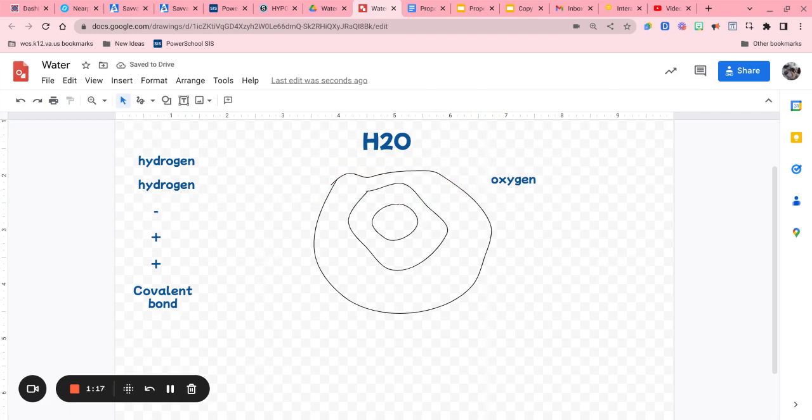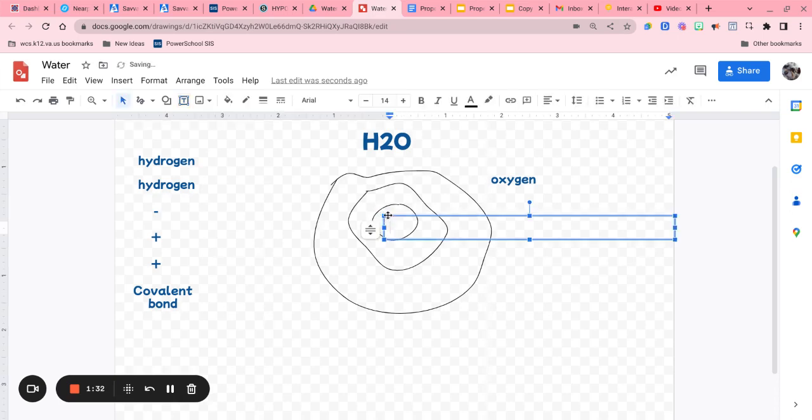And if we think back to your note sheet, oxygen up at the top has an atomic number of 8. So the 8 is the number of protons. So here in my nucleus, I have 8 protons, and I also have 8 neutrons.